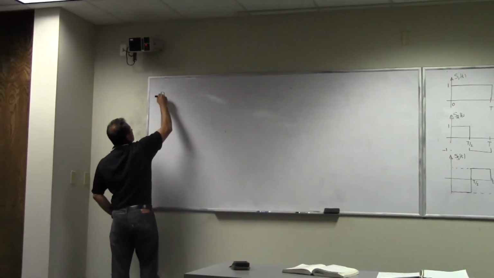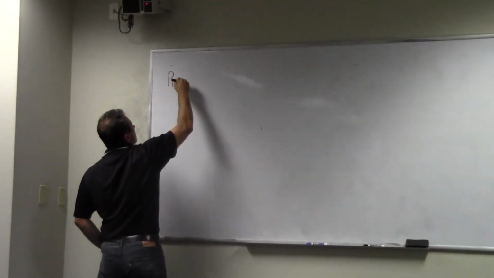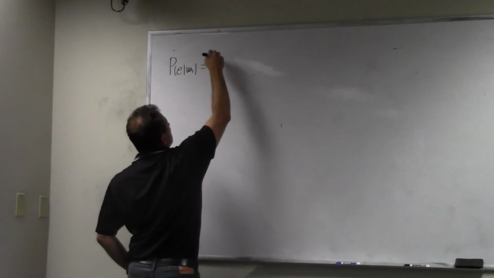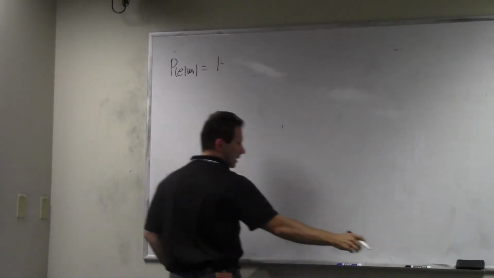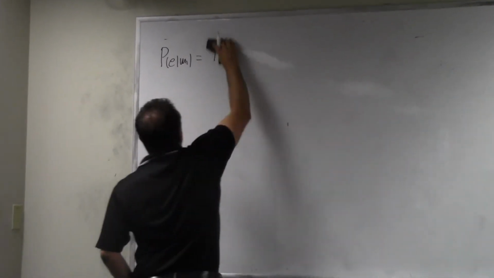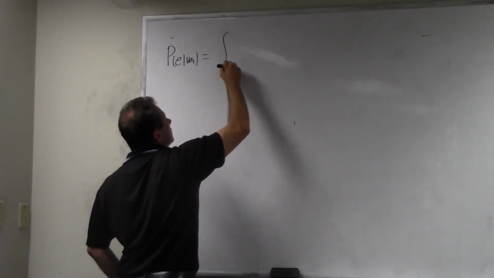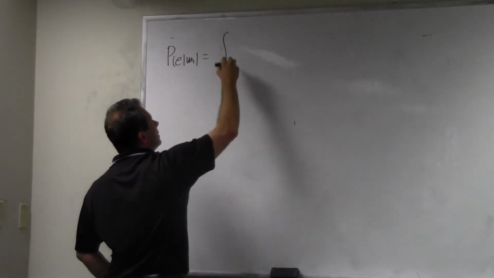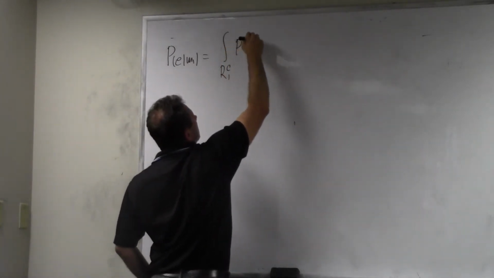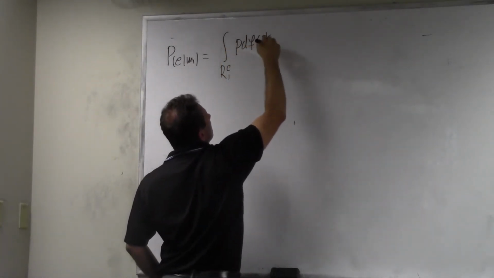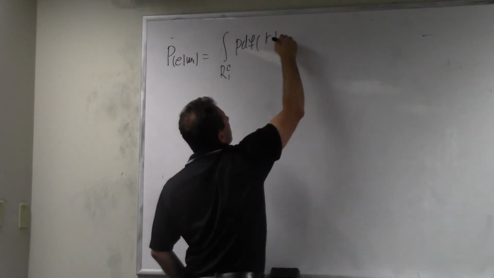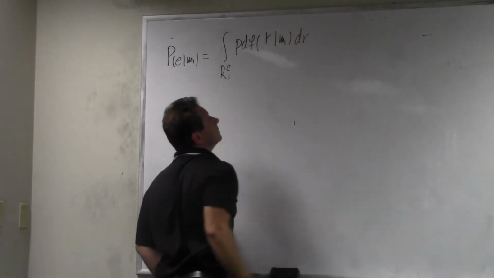We said the probability of error given m1 is the integral over the complement of the decision boundary region R1 of the PDF of R given m1.